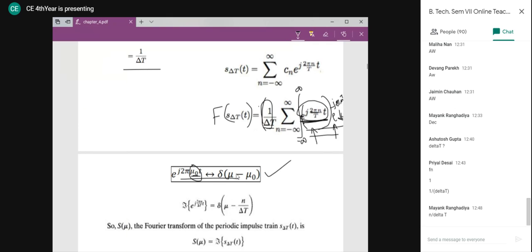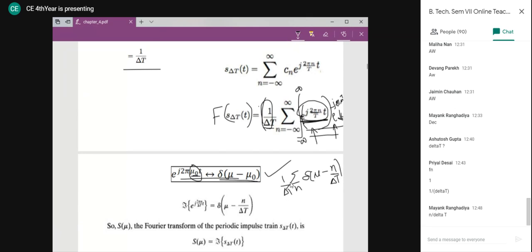True. So what will be my function? Here my result will be delta of mu minus n by delta t. The summation is as it is, summation with respect to n, and 1 by delta t is also there.